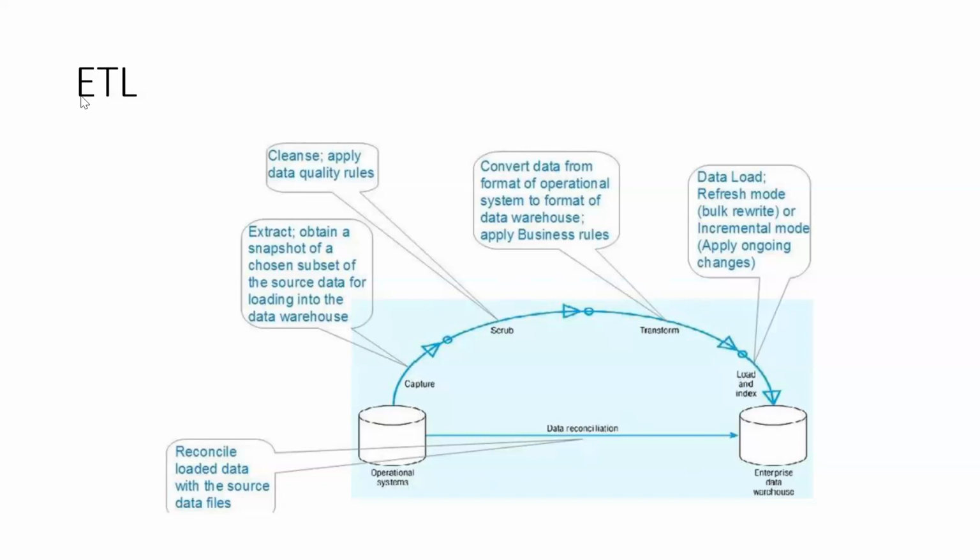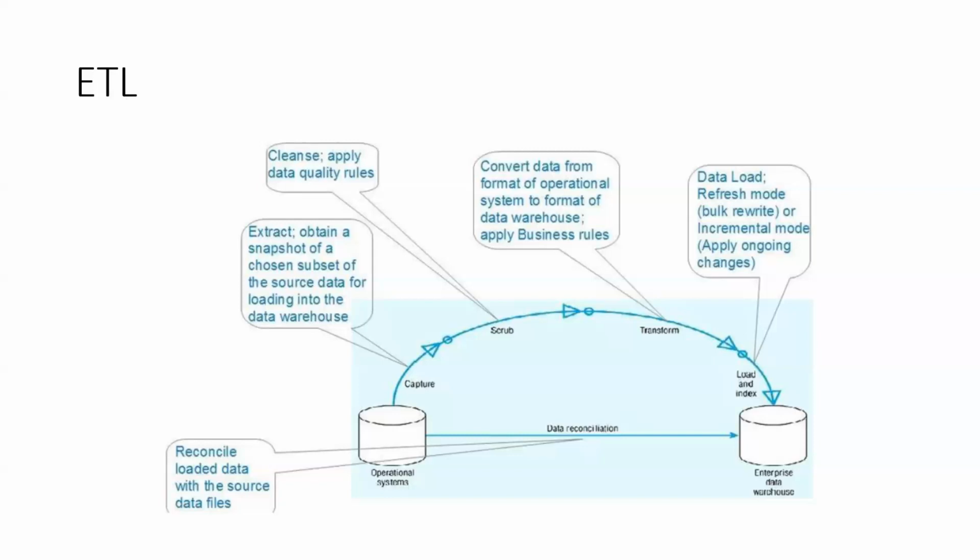ETL means extract, transform, and load. The short form is ETL, or sometimes it is also called ELT. Generally ELT is used less than ETL. There, they do the loading part first, then transform in the data warehouse itself.